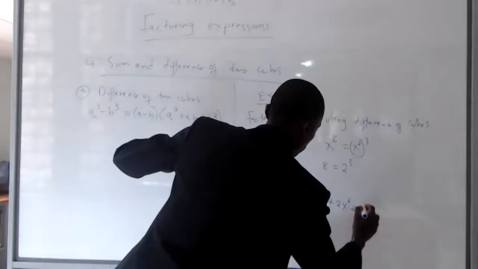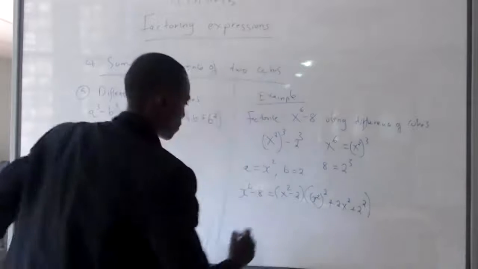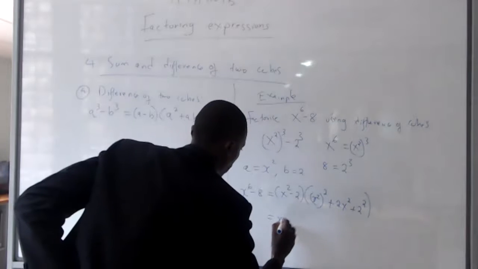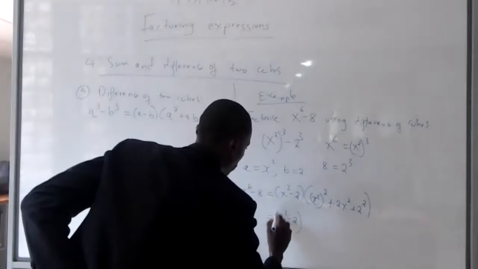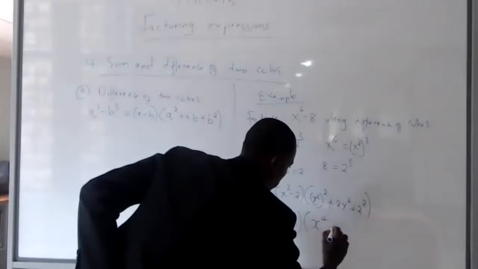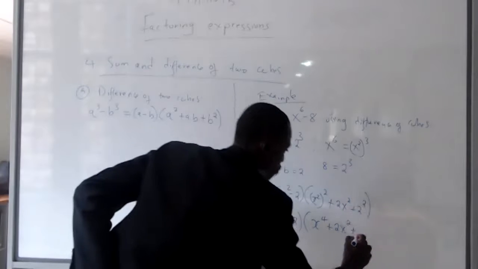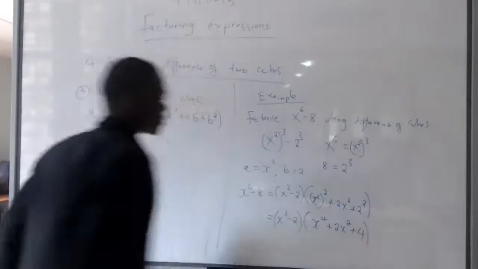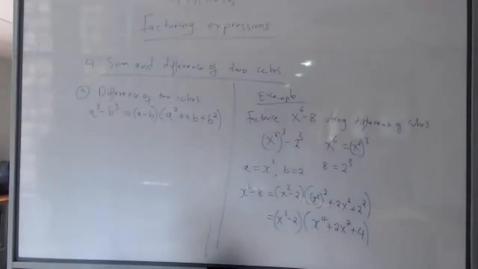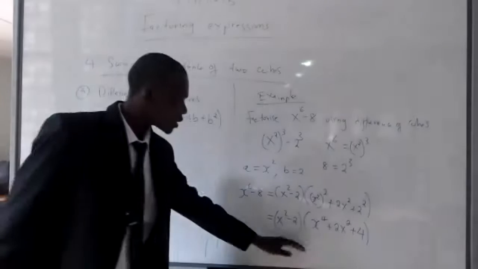So that is 2 squared. This is going to give you x squared minus 2. Well, x squared squared is just x to the 4th plus 2x squared plus 2 squared is just 4. And you can leave your answer at this stage.